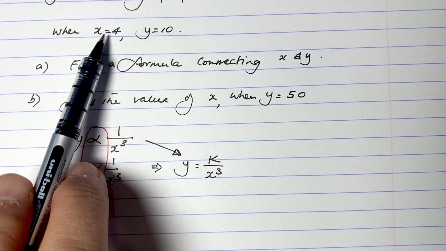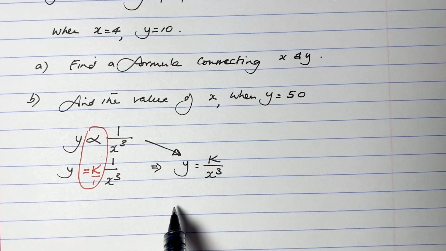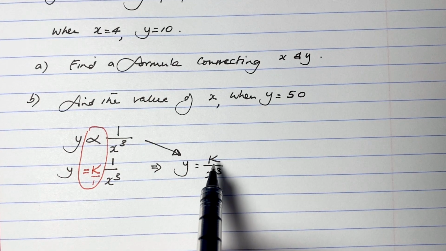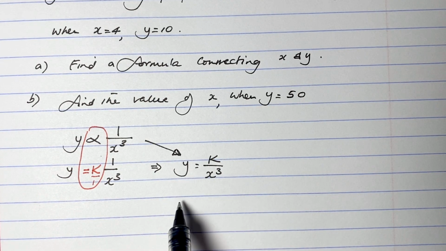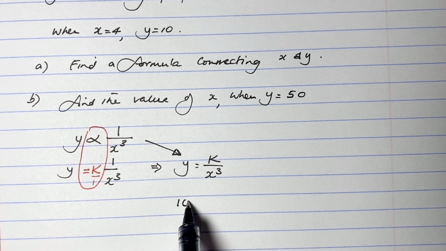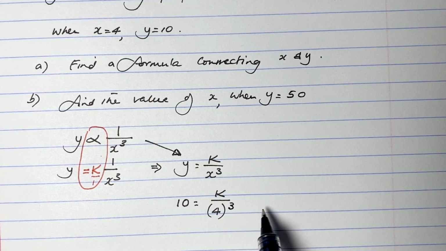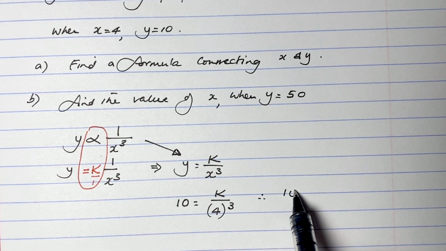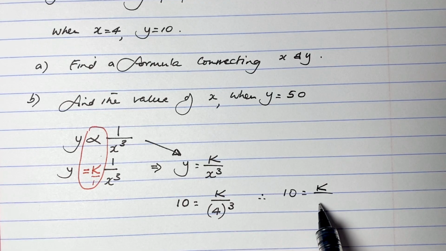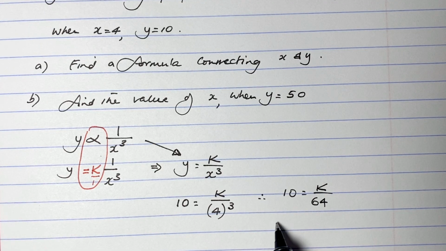I'm told when x is 4, y is 10. So that means I can find the value of k here. When x is 4, y is 10. So I'll replace y with 10, x is 4 to the power of 3. Therefore 10 equals k over 64. Multiply both sides by 64, k equals 640.